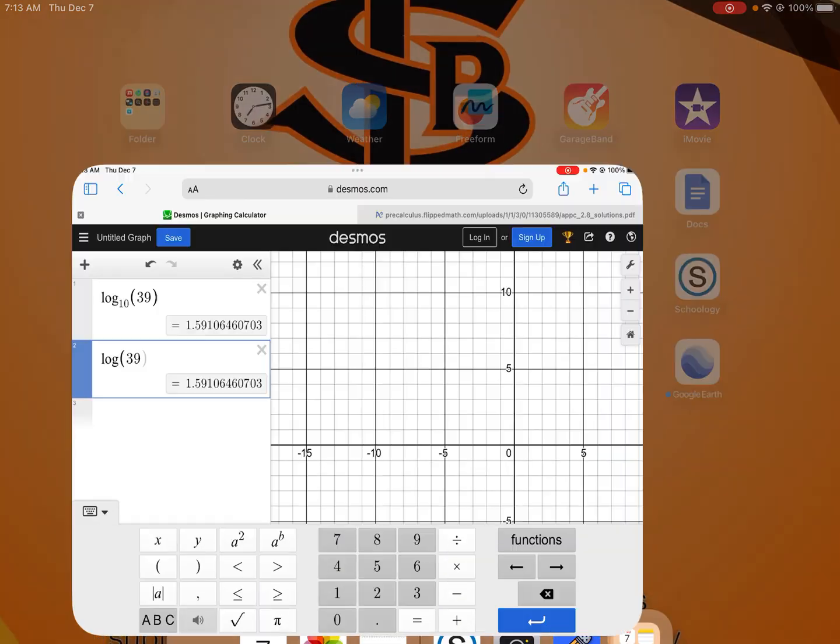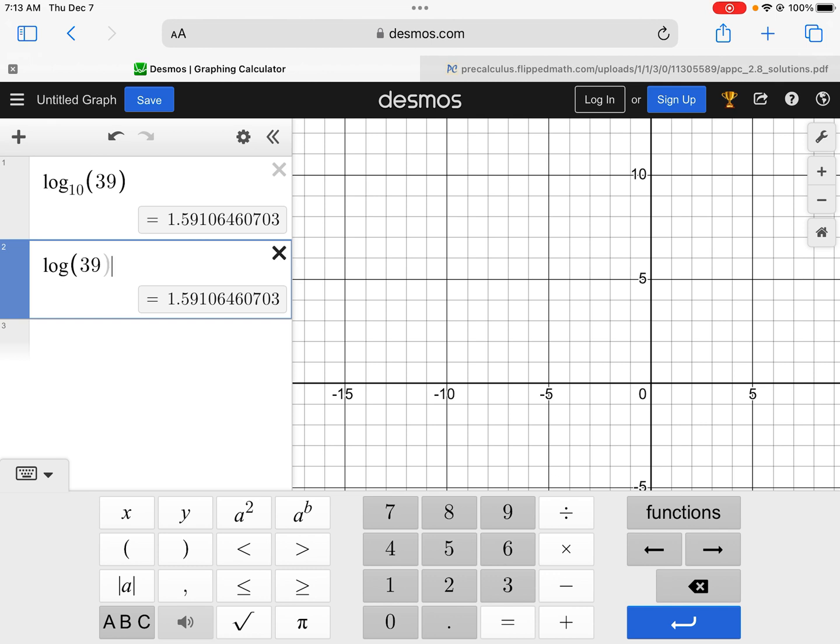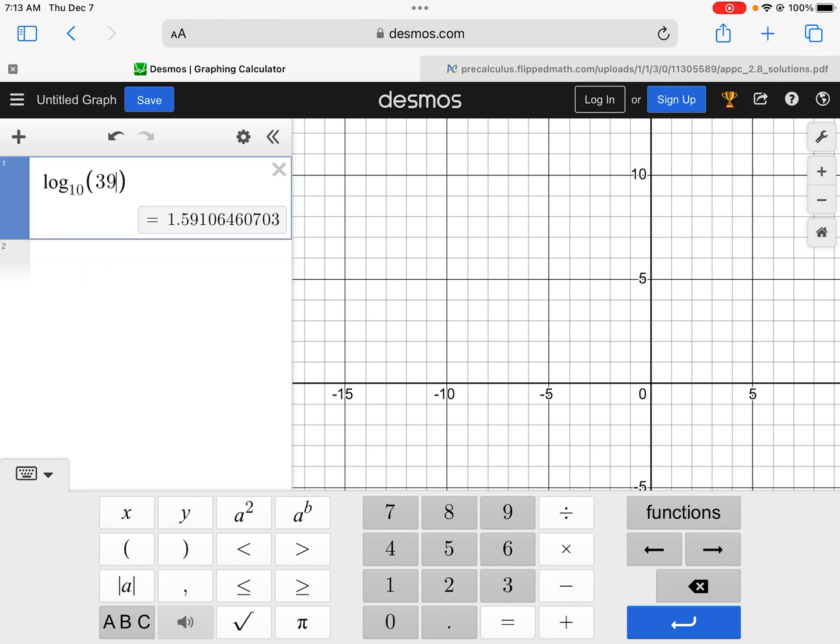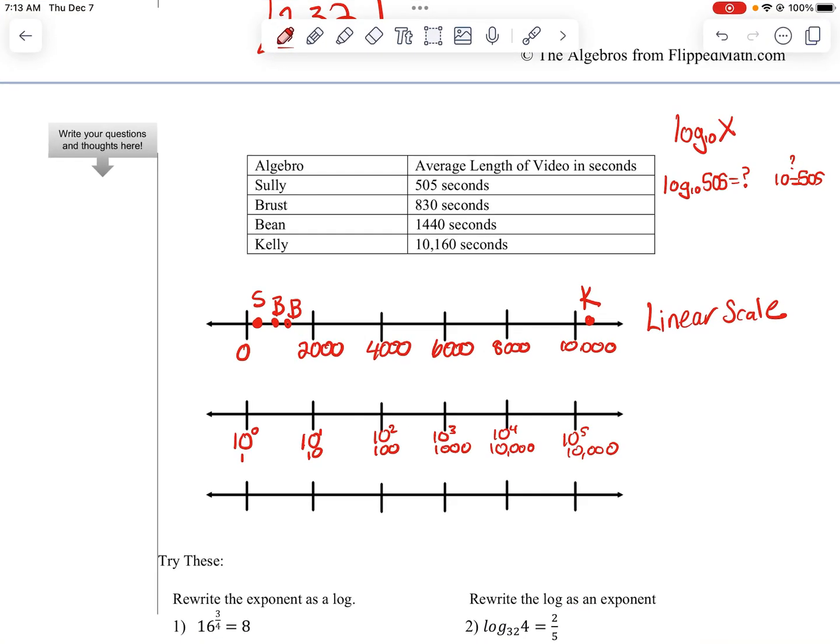So I can go back here, and I'm going to type in 505, so 2.73. So this is 2.73 in log land. In this one, again, I'm doing log base 10 of 830, so I'm asking myself 10 to what power gives me 830?